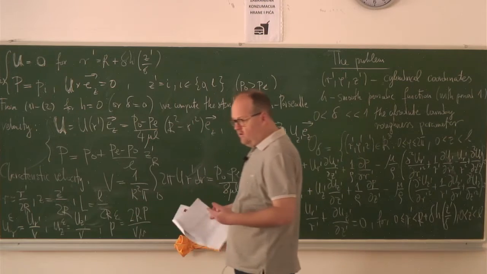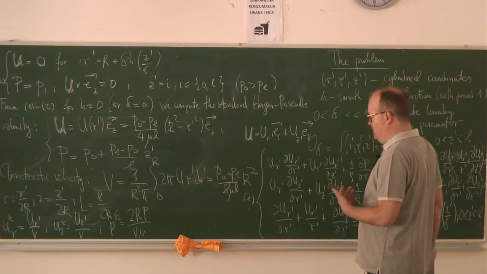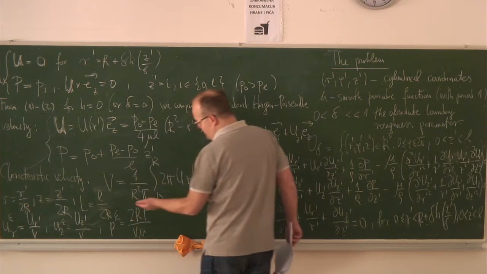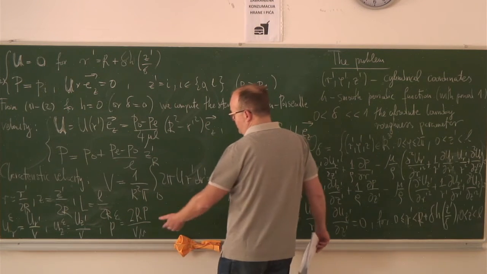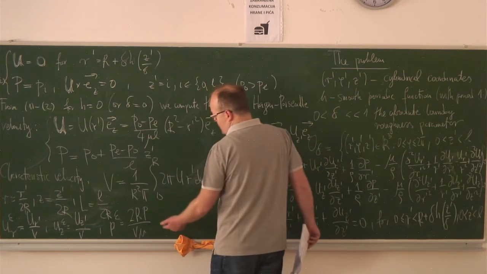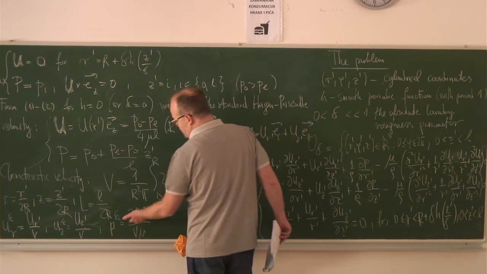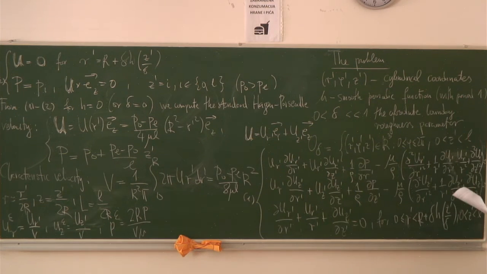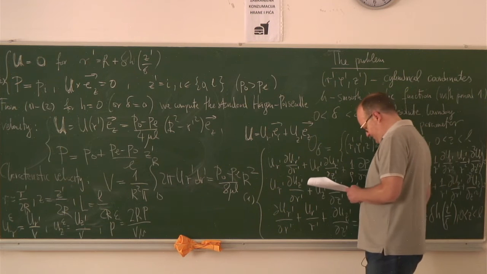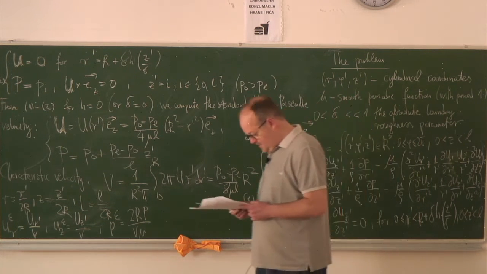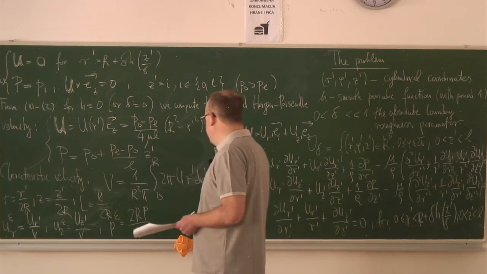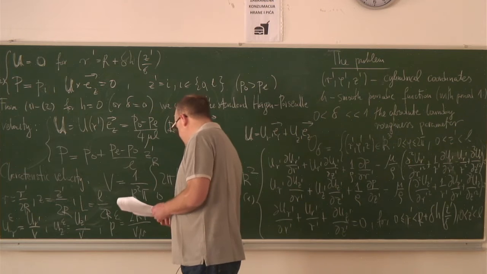Of course, if you are not sure whether you do this adimensionalization properly, then you know what is the unit for pressure, and then you just compute the unit of this and see that it is really a Pascal. So Newton over m squared. Okay, and when you do this, then the Reynolds number naturally appears in the equations.